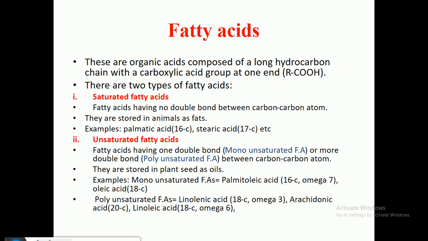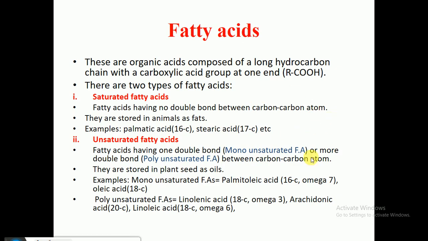Unsaturated fatty acids are further divided into two: monounsaturated fatty acid and polyunsaturated fatty acid. A monounsaturated fatty acid has only one double bond present in its molecule.